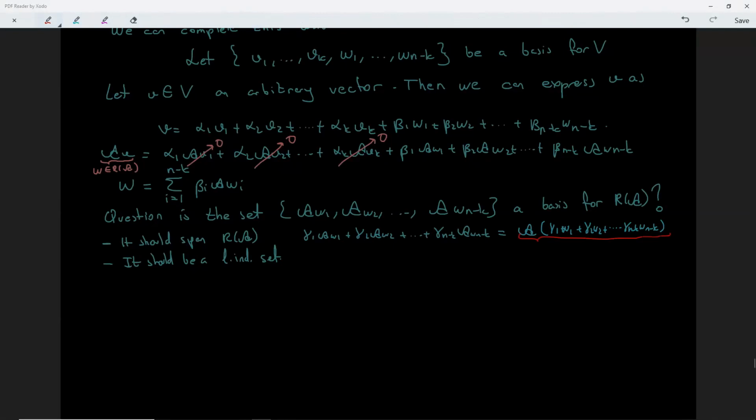Since it can be written as A times another vector, this is in the range space of A as well, okay? So we showed that if I pick an arbitrary vector in the range space of A, I can write it as a linear combination of these vectors, and that any such linear combination can be shown to be in the range space of A. Therefore, it does span the range space of A.